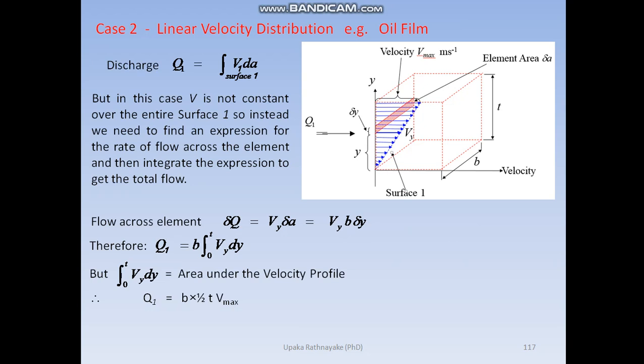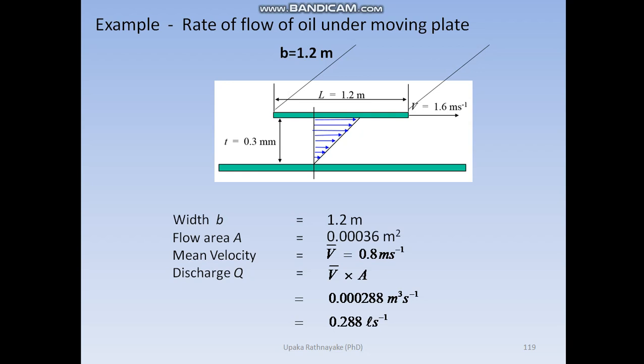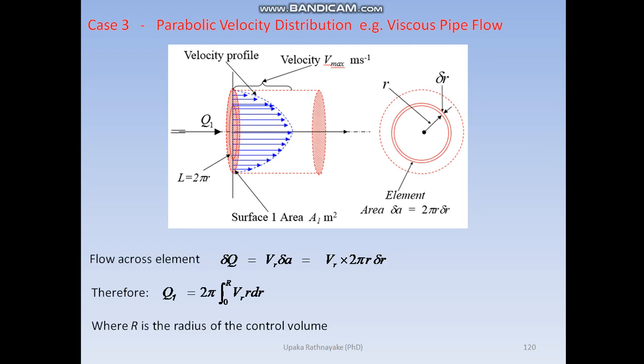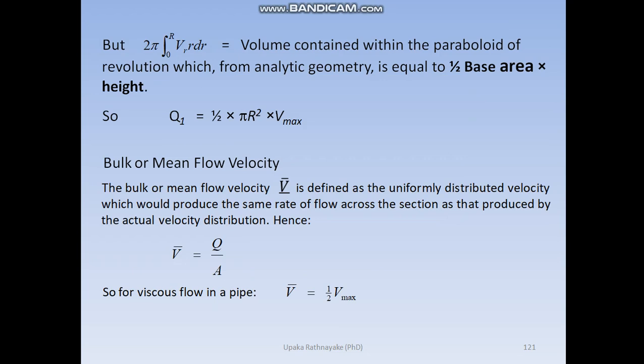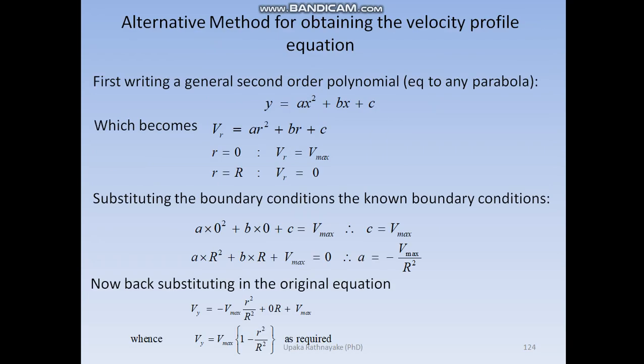Case 2 is linear triangular velocity distribution. Case 3 is the parabolic velocity distribution, that is inside a pipe. Now, I'm sure you can follow these slides and identify and understand the solution techniques.